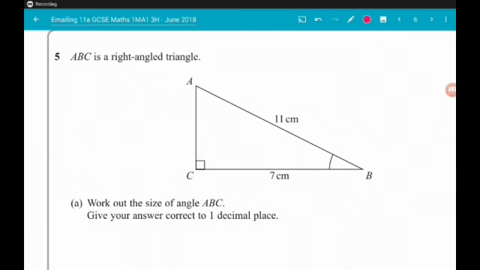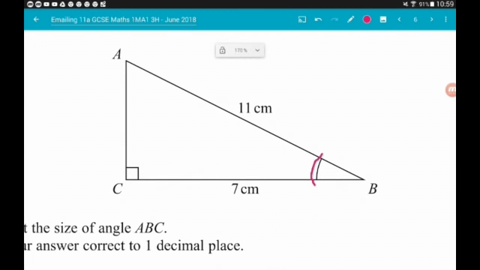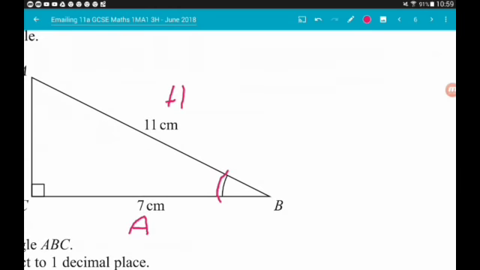Question 5, we got a right angle triangle with two side lengths, and we are asked to work out the size of angle ABC. So that is this chap here. So it's a right angle triangle, we're thinking SOHCAHTOA. Label the sides. So we got the adjacent here and the hypotenuse. So is it SO? No. CA? Yes. CAH. So CA tells us cos of the angle.